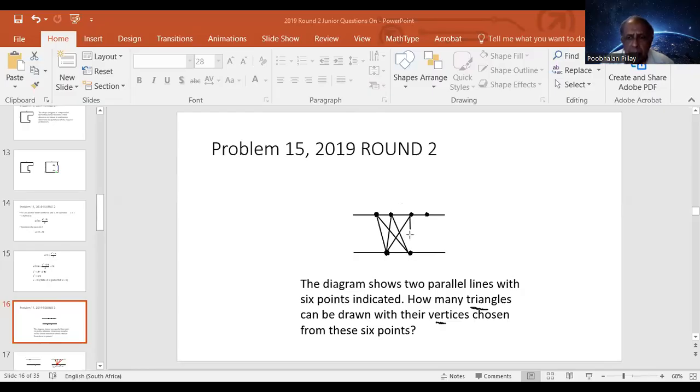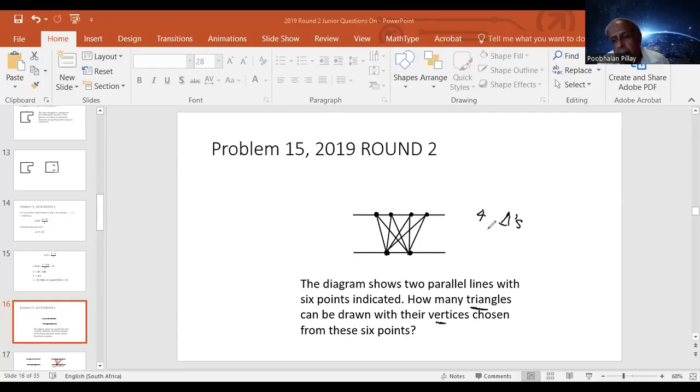Because the 3rd point can be chosen as any one of those 4 vertices, and that will give you 4 triangles. That is provided that I chose both the vertices at the bottom, right?